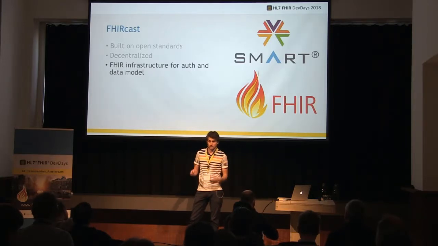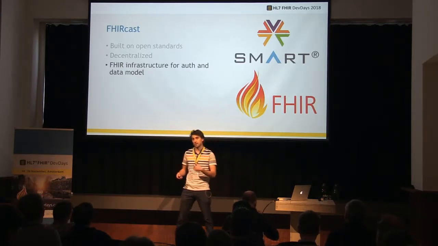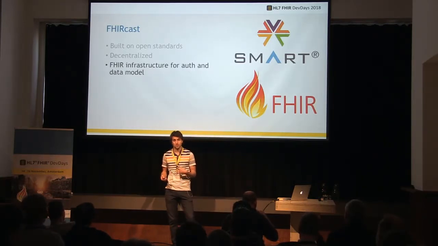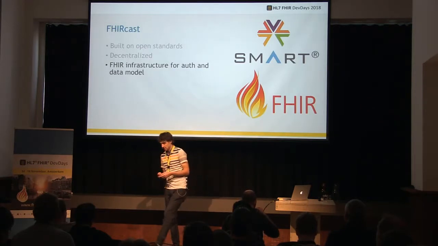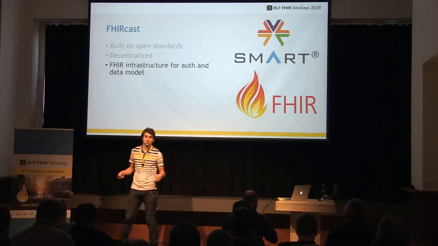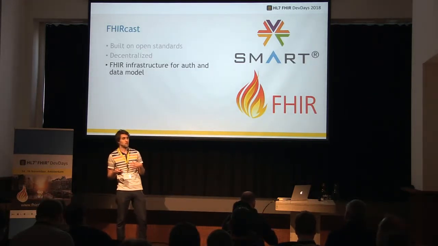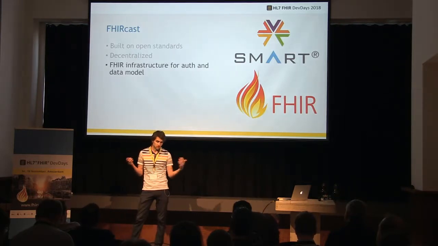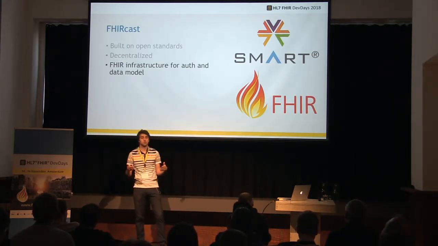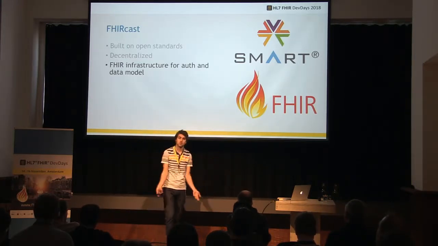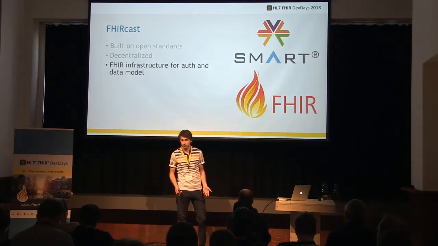It's also building on authentication and authorization, which is crucial. If you went to the Smart on FHIR talk, that was greatly describing that. In order for these systems to start communicating with each other, first you need to know what context you want to share.